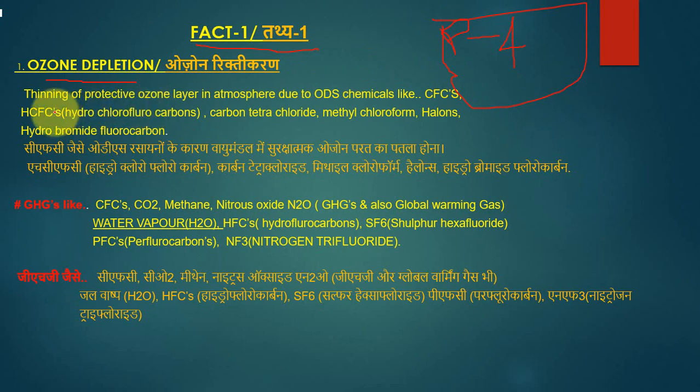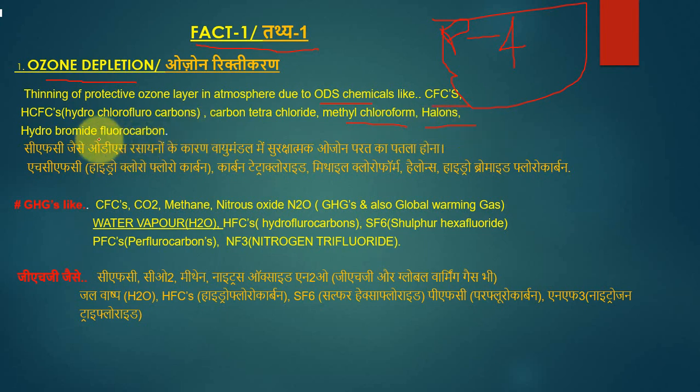Ozone depletion means thinning of the protective ozone layer in the atmosphere due to ODS, ozone depleting chemicals like CFCs, chlorofluorocarbons, HCFCs, hydrochlorofluorocarbons, carbon tetrachloride, methyl chloroform, halogens, hydrobromide and fluorocarbon.